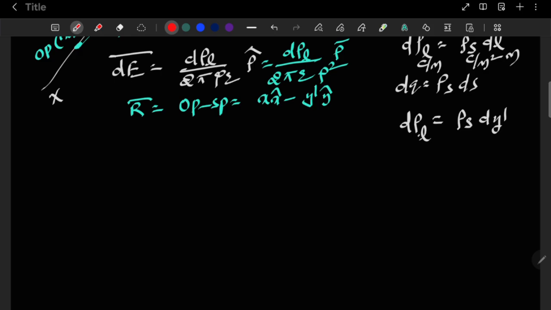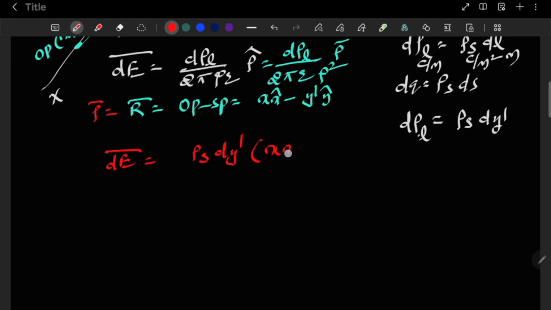Just make the substitutions here. So dE bar is equal to d rho L, which we can write as rho S into dy dash. Then what is the rho bar, or r bar, whatever it may be?